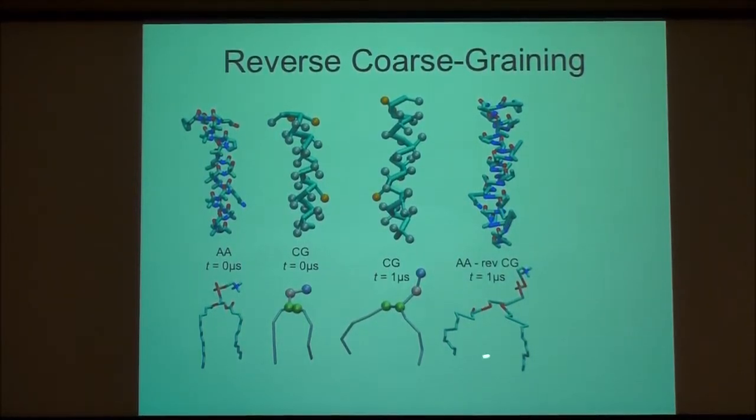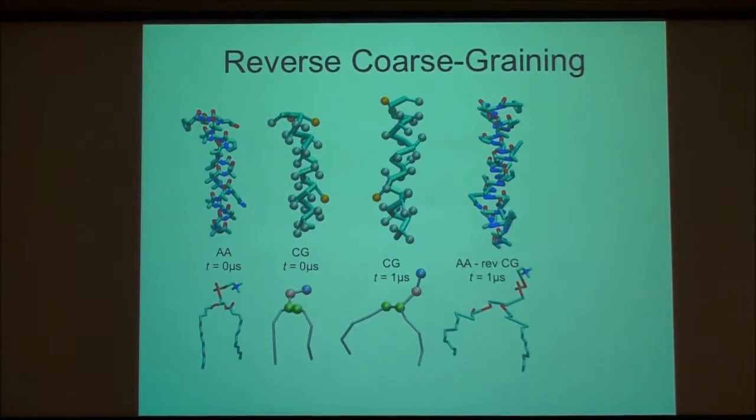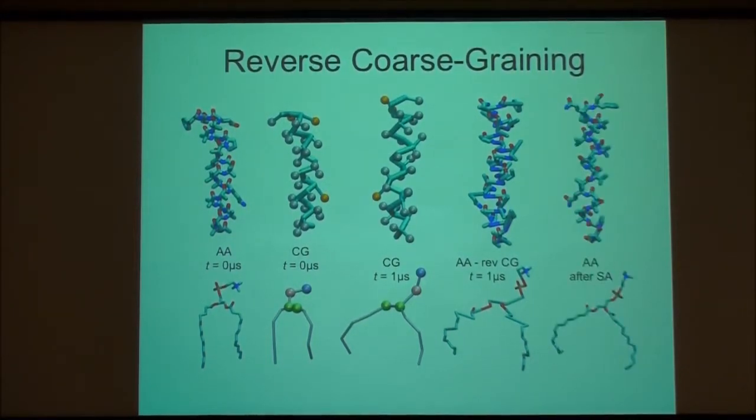And at this stage, using different protocols, we try to refine this structure into a chemically sound and reasonable structure. What we are doing here is a kind of simulated annealing of this bad atomistic structure in order to relax it into a reasonable shape.